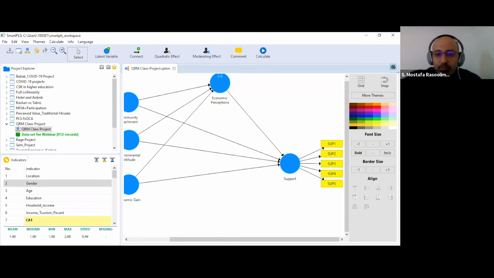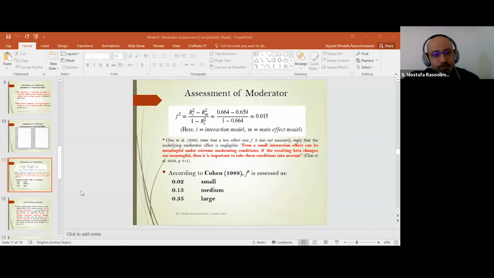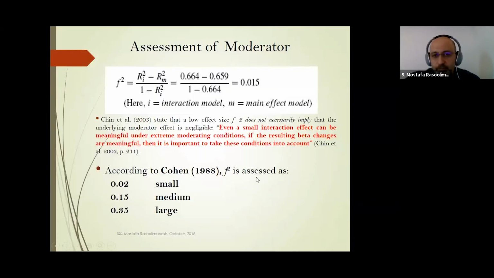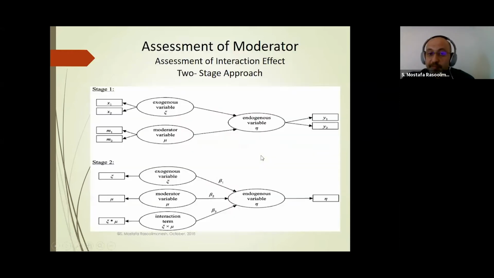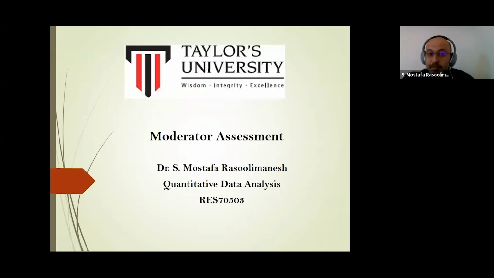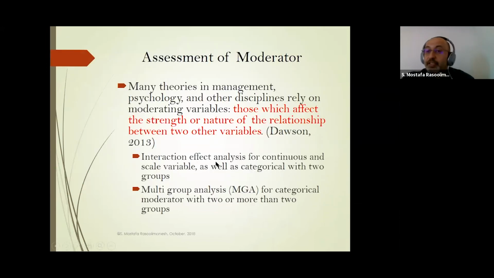We have another method for assessment of a moderator. If we go to the first slide, interaction effect is one method.